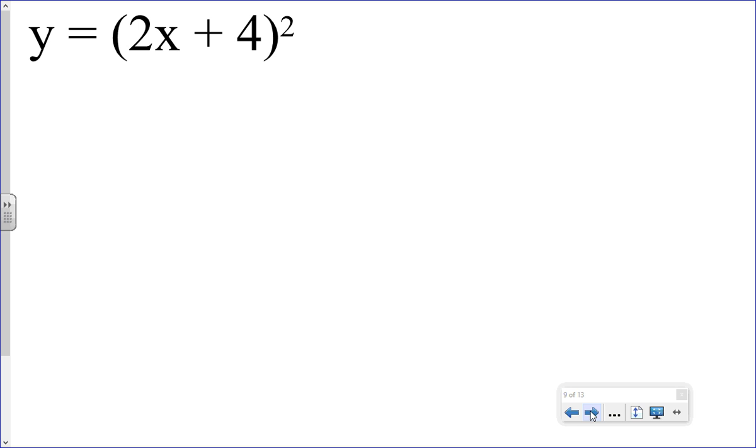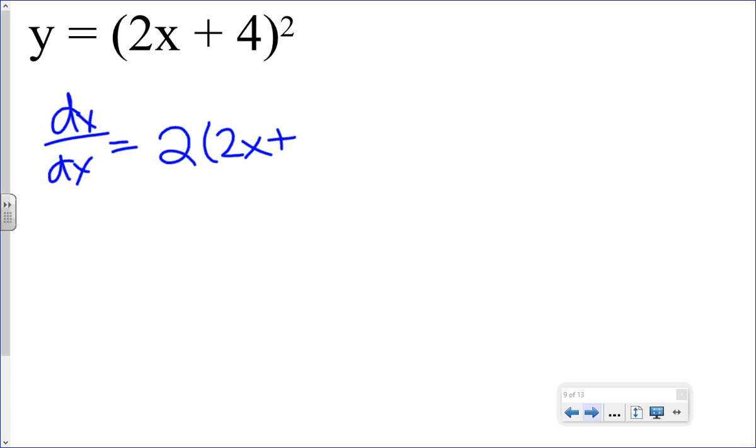Well, now we can view it as a composition, which is going to be the easiest way to do it. We have 2x plus 4 inside of the squared function. So to find the derivative, we can first use the power rule.